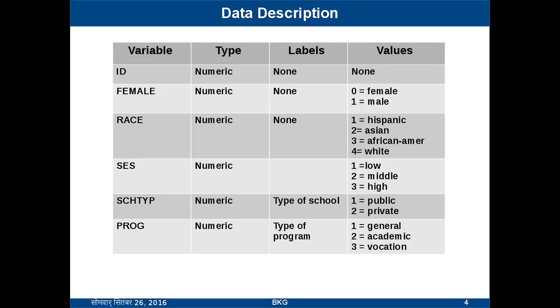The first variable is the ID, which is a numeric variable, ID for the different respondents, numbered from 1 to 200, as there are 200 observations in the data. Then we have the female variable, which represents the gender of the respondent, 1 for male and 0 for female.